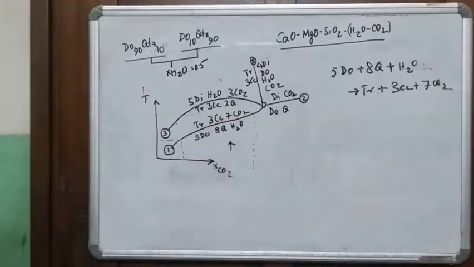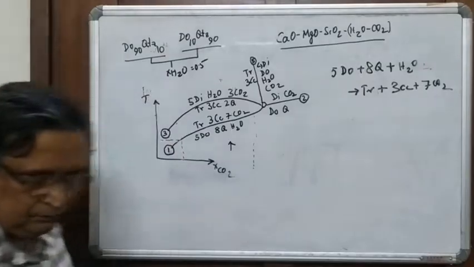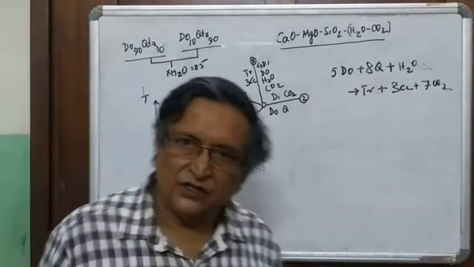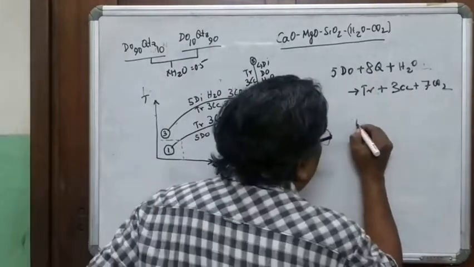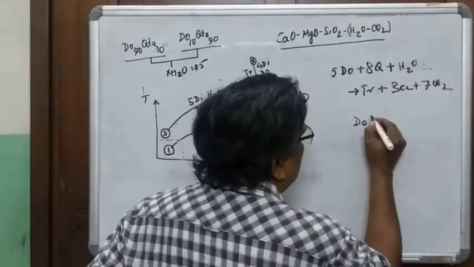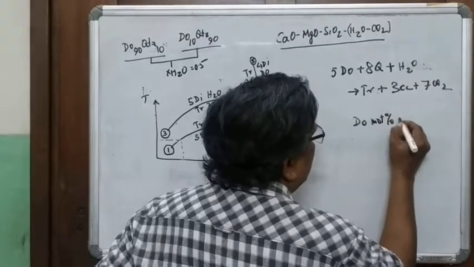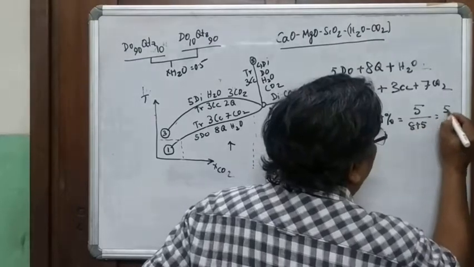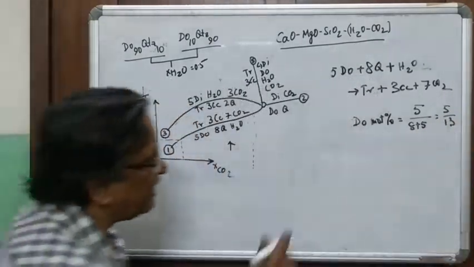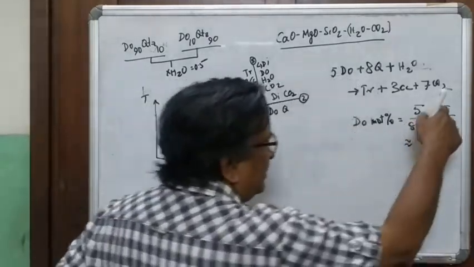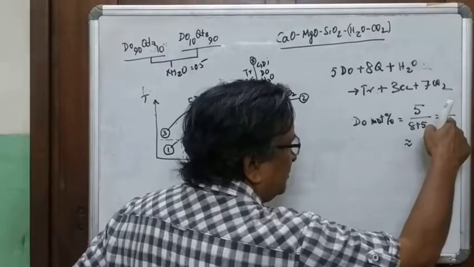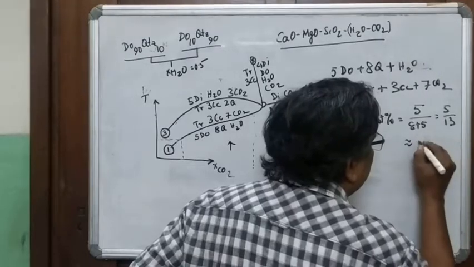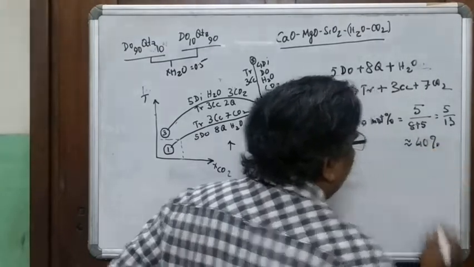Now that's important. The dolomite and the quartz react in the proportion 5:8. What does that mean? The mole proportion of dolomite is equal to 5 divided by 8 plus 5, which is 5 by 13, roughly equal to 40%.